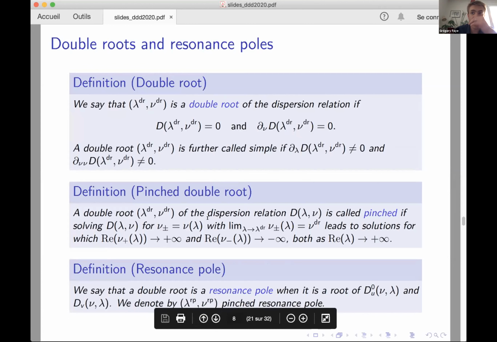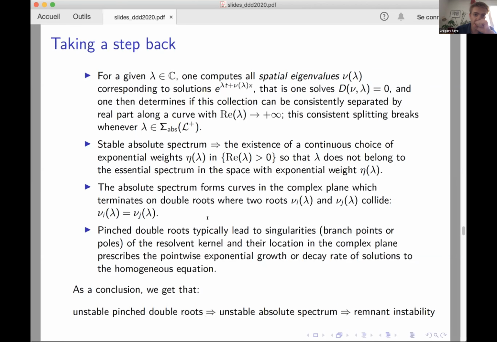So why talk about absolute spectrum and double roots? Well, as I was saying, when we look at spatial eigenvalues, which correspond to trivial solutions of the form e to the lambda t plus nu lambda x, we are solving the dispersion relation. And if we manage to always consistently separate this collection of roots by real parts along a curve that would go to plus infinity in real parts, fine.